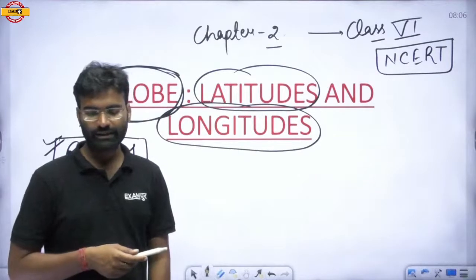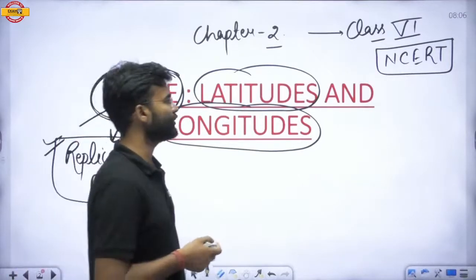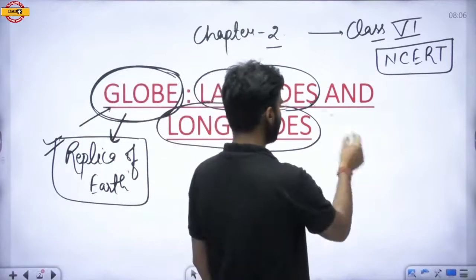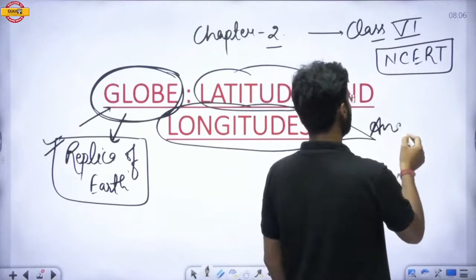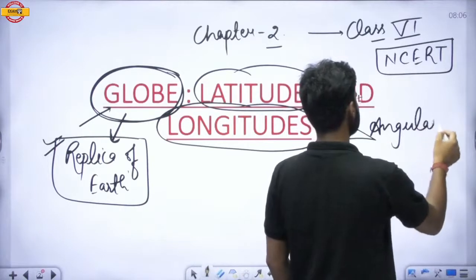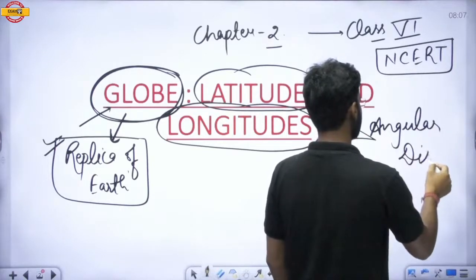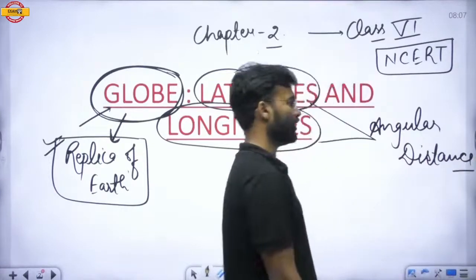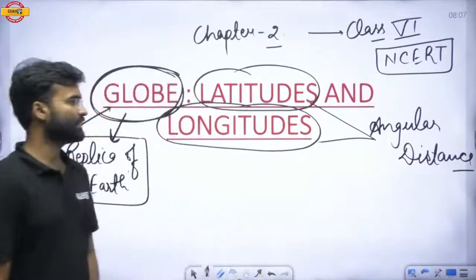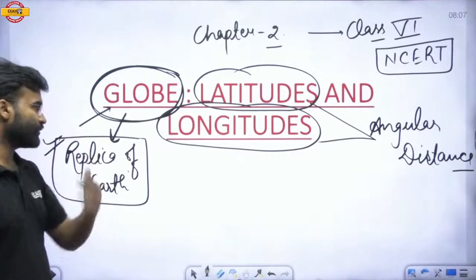So what are these? Latitude and longitude are concepts related to angular distance, and the globe is basically the replica of the Earth. Okay, so this is our chapter, latitude and longitude.